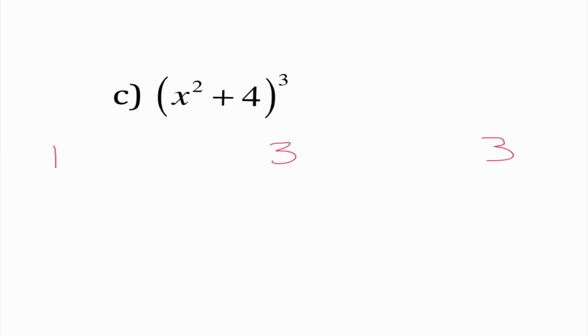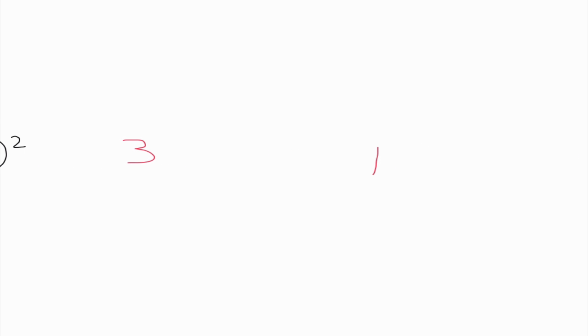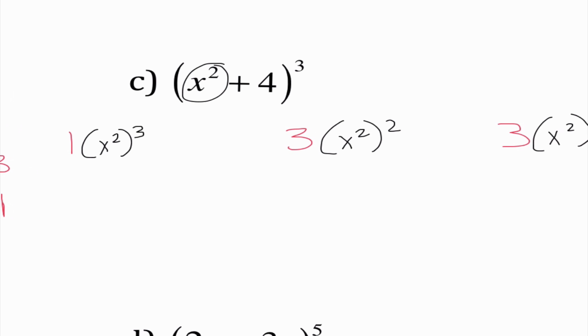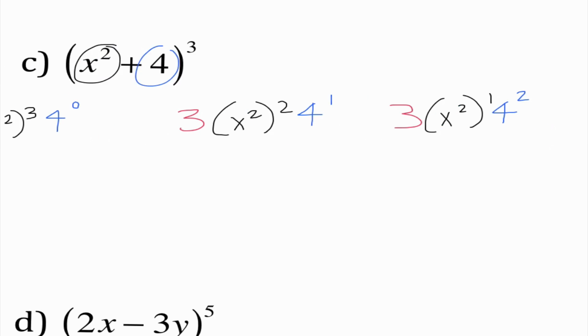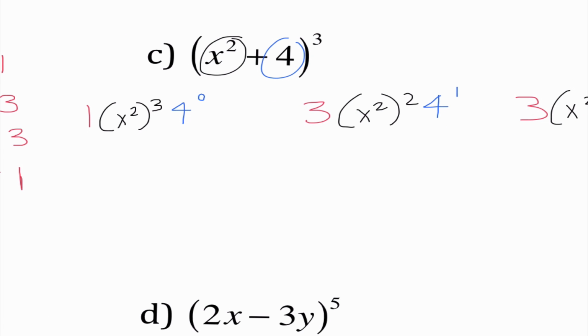Okay, so we're starting here with x squared. So I have x squared cubed, x squared squared, x squared to the first, and x squared to the 0 power. Now I have my 4, so I have 4 to the 0, 4 to the 1, 4 squared, 4 cubed. And now let's go ahead and do the math.